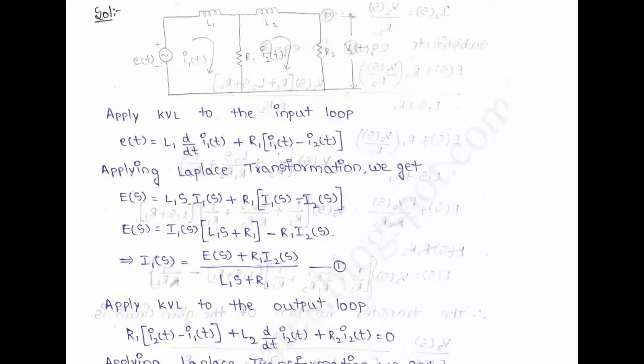E of t is equal to L1 into di1 by dt plus R1, which is connecting between the two loops, R1 into I1 of t minus I2 of t. I repeat, E of t is equal to L1 into di1 of t by dt plus R1 into I1 of t minus I2 of t.